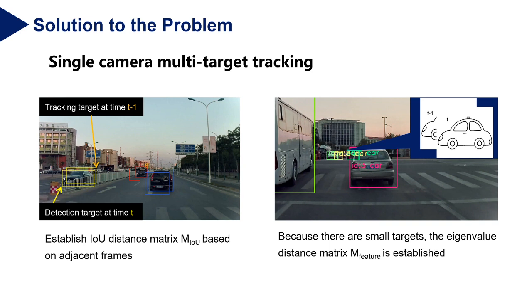And then because there are some small targets, the IOU may not work. So we use the feature distance matrix and features to calculate the differences.